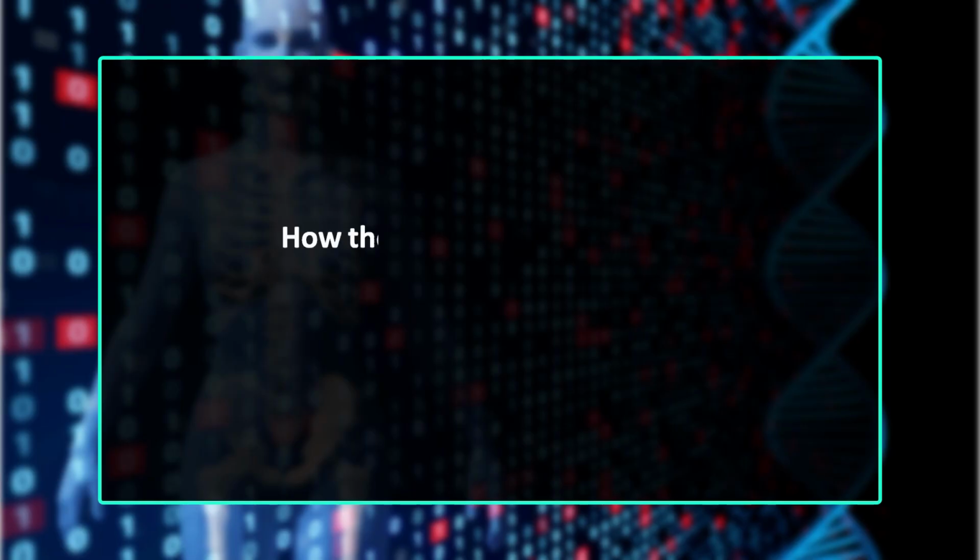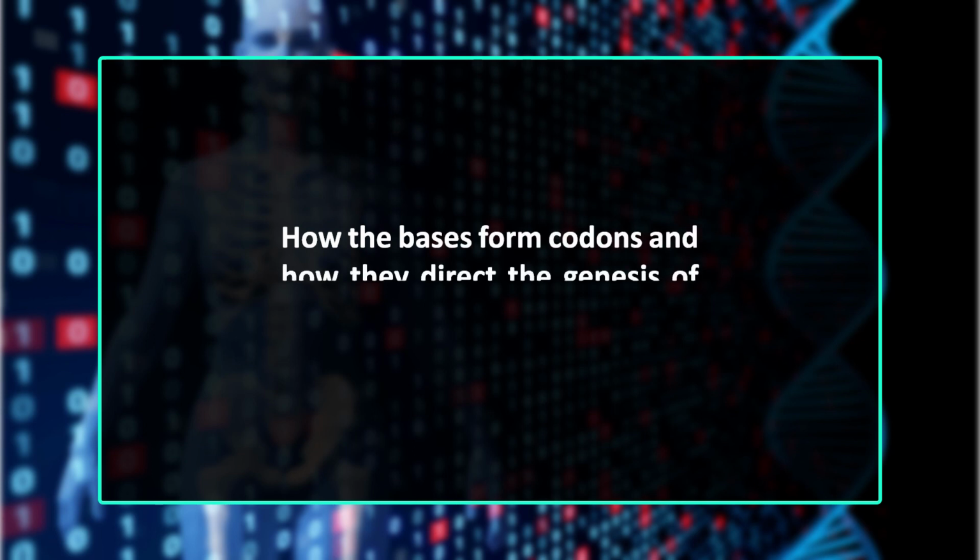Now, wrapping up, the genetic code of an organism depends on the genes received from the parental generation and the way it is produced from replication and transcription. We have learned how the bases form codons and how they direct the genesis of amino acids.